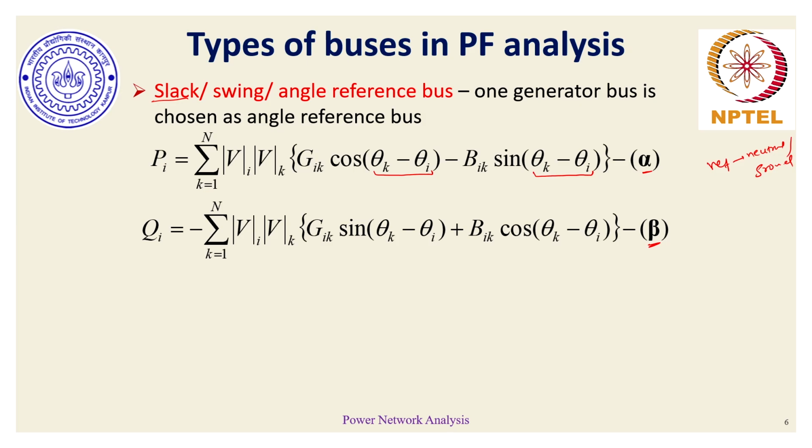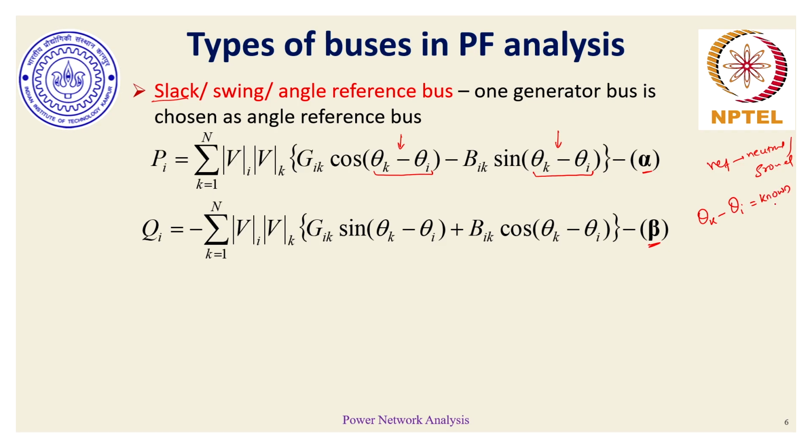When every alpha and beta equation consists of differences of voltage phase angles, and if we try to solve these voltage phase angles, we would find that at best we can find the value of theta k minus theta i. This can become known from power flow.